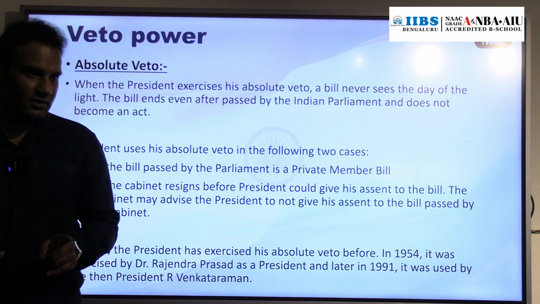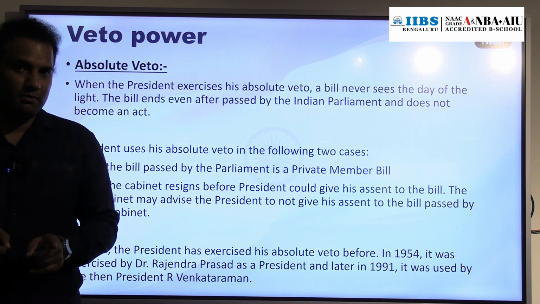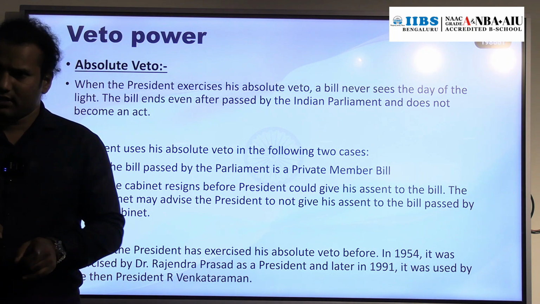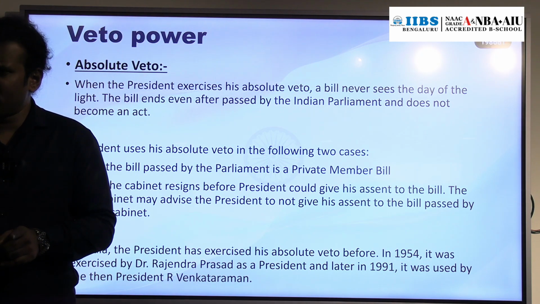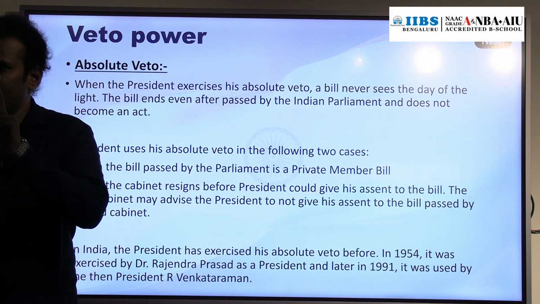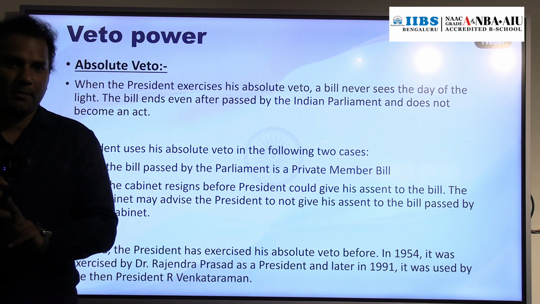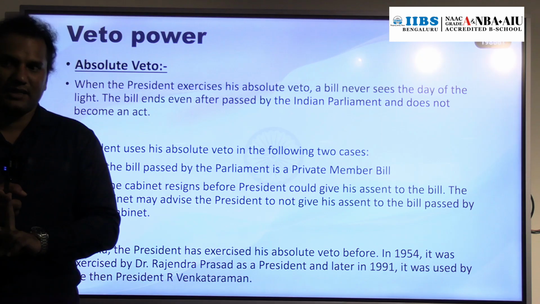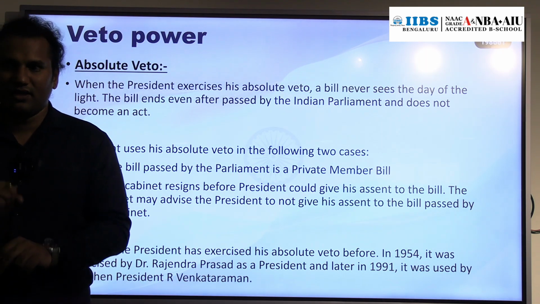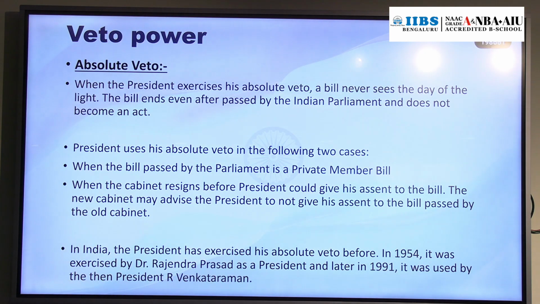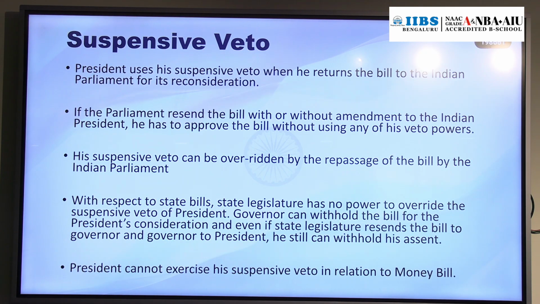In absolute veto, the bill will become dead. Does the president have arbitrary power to use the absolute veto? No. The president can use the absolute veto only in two cases. First, a private member bill. Second, a bill passed by the previous cabinet, but the present cabinet advises the president not to give assent and reject the bill. The next is suspensive veto.